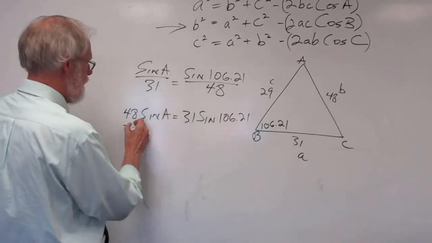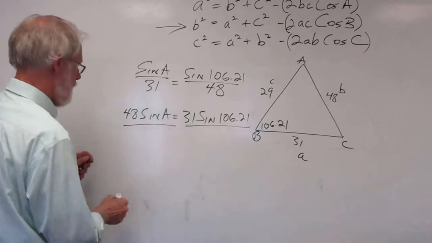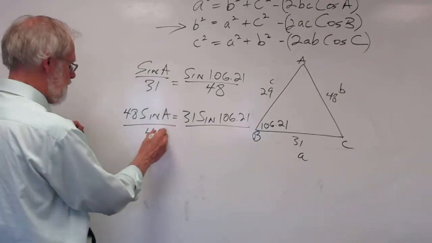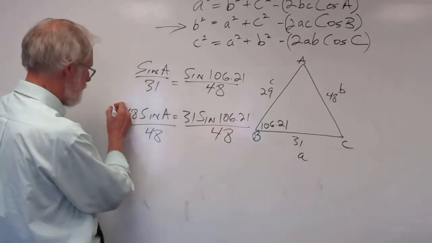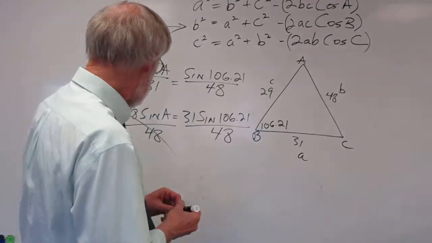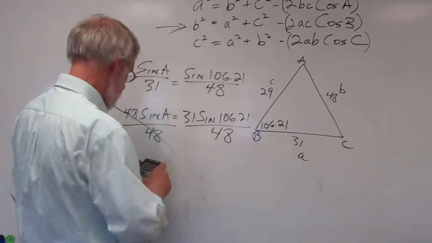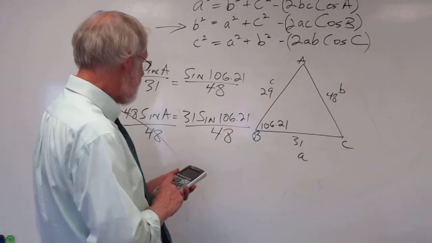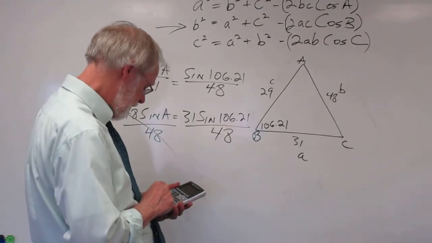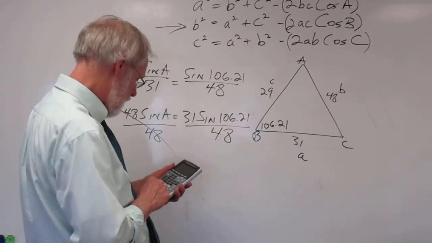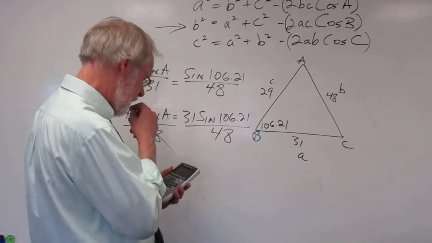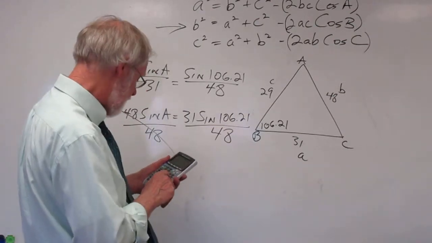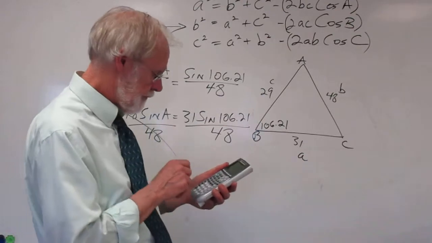All right. I want A, so I'm going to divide by 48. That will cancel those two, and I will get, let's see what we get over here. 31 sine 106.21 equals 29.76. Divide that by 48.